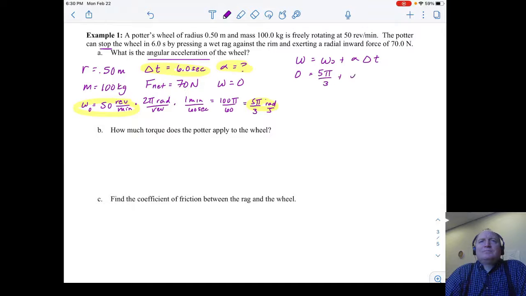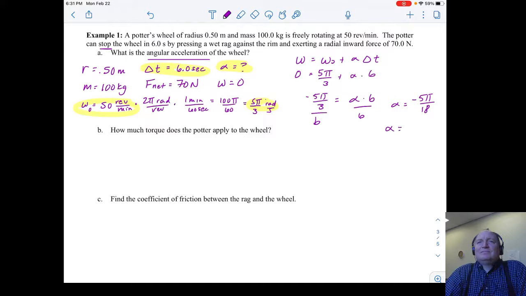5 pi over 3 plus alpha times 6. I'd subtract 5 pi over 3 from both sides. Divide both sides by 6. And I get that alpha is equal to negative 5 pi over 18.